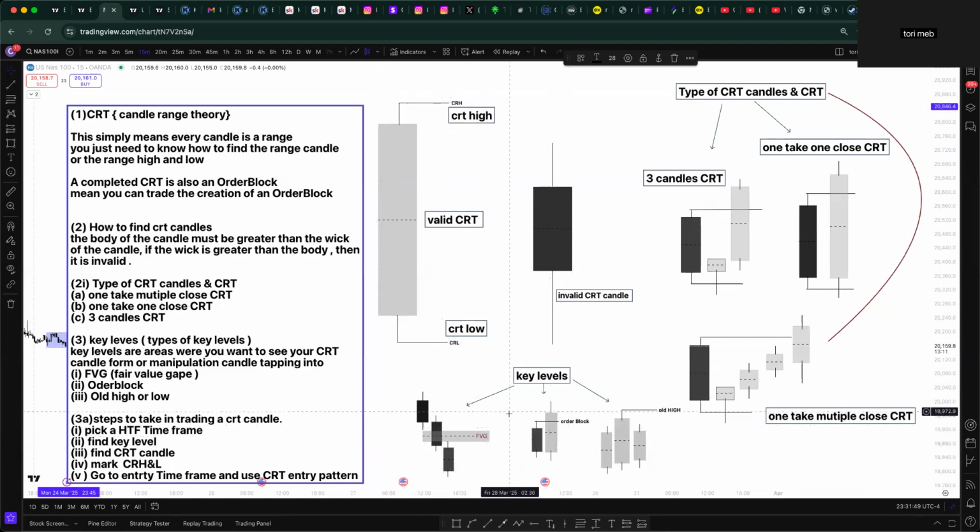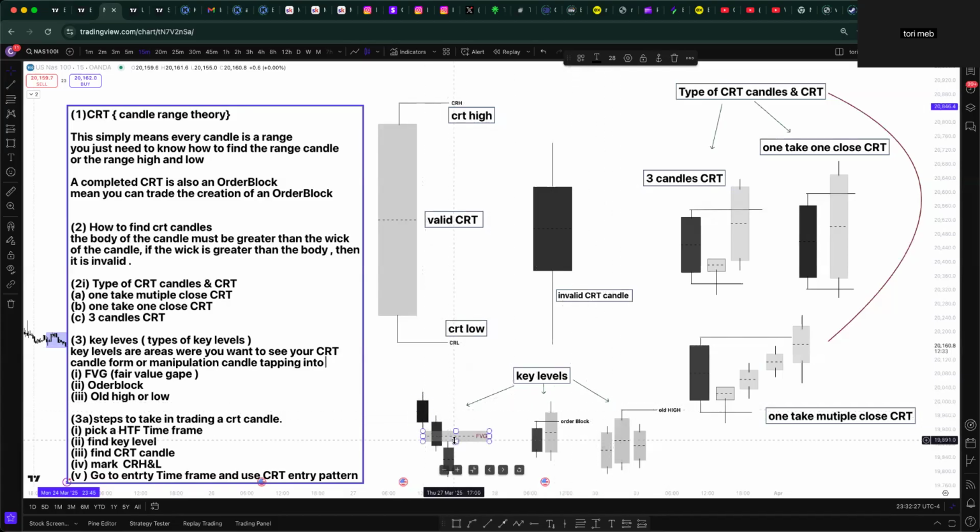So we have three key levels that we look for, and those three key levels are fair value gap, order blocks, and old highs or old lows, which you can see a diagram of how this looks. Most of you already know what fair value gap, order block, and old highs or old lows are. I'm also going to show you how to spot these on the charts, how they are formed and where you need to find them.